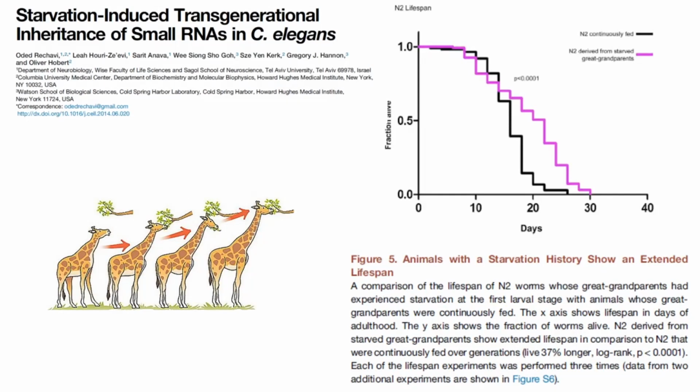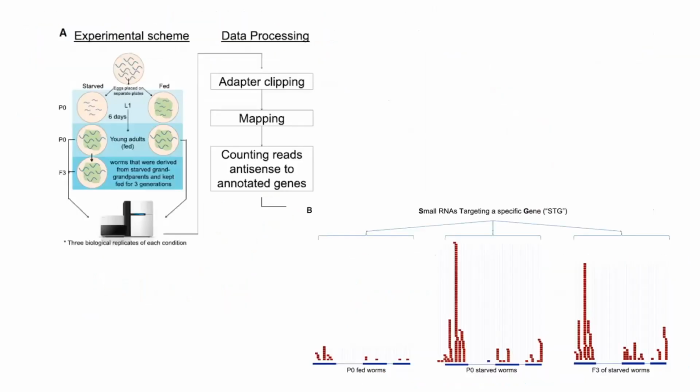And the F3 is actually key because for those individuals there could be no carryover in utero or in grand utero, right? So what's the mechanism? The mechanism turns out to be basically an RNAi-like phenomenon. These are small RNAs that target a particular gene, and this is just one representative gene.